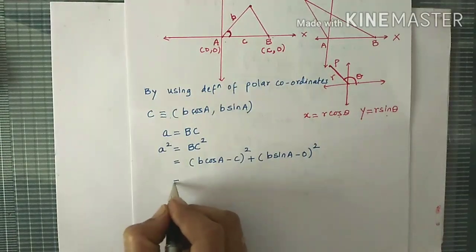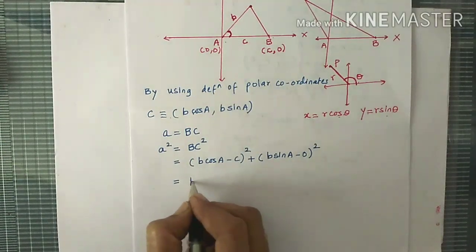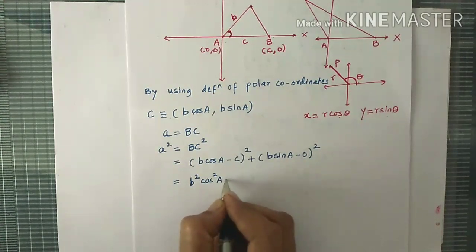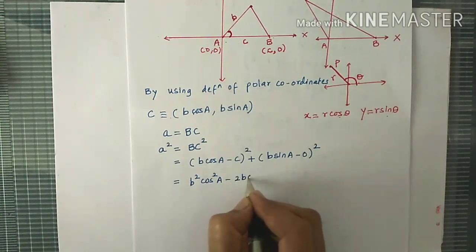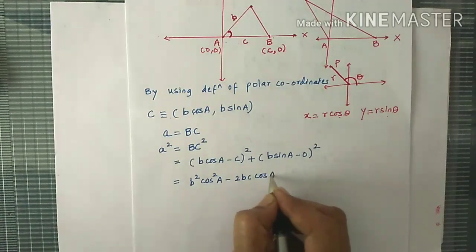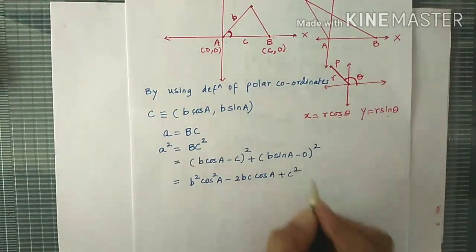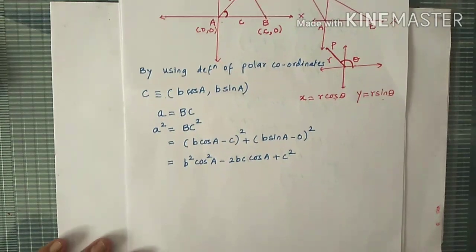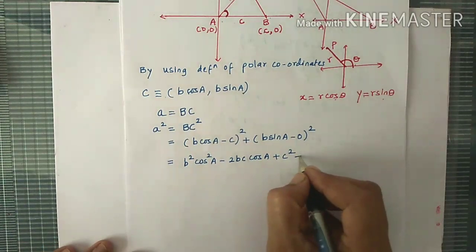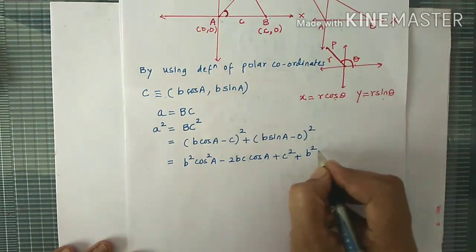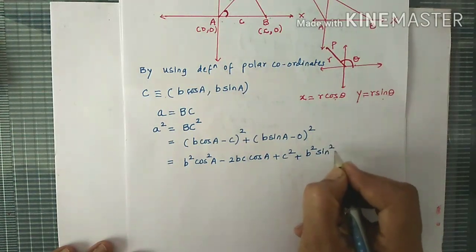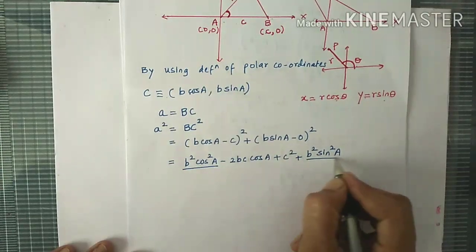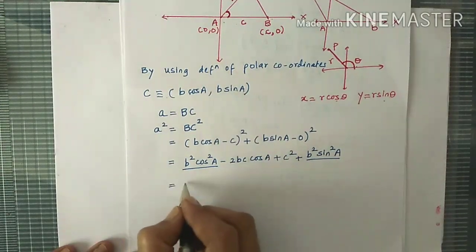Now let's square it. So squaring this, first term square is b square cos square A minus 2bc cos A plus c square. So this is square of first bracket. Now second bracket is b sin A minus 0 square. So that is b square sin square A. Now consider first term and last term. We can take b square common.